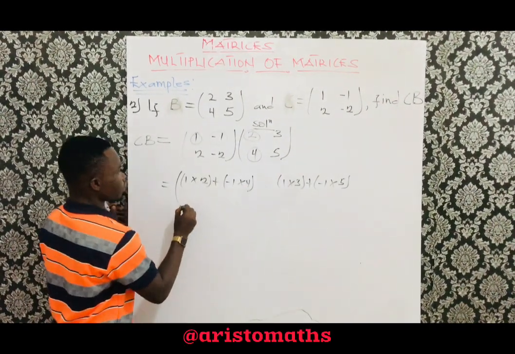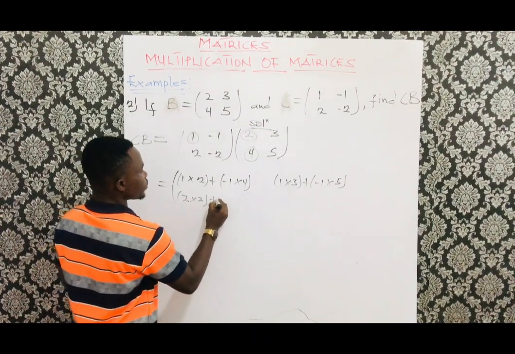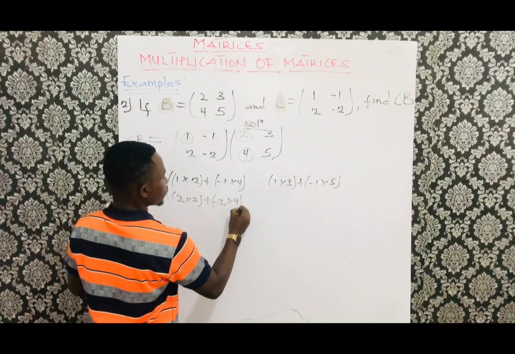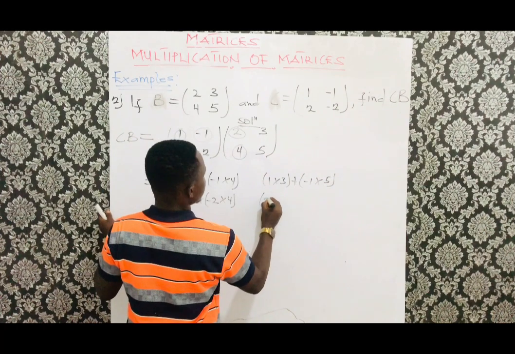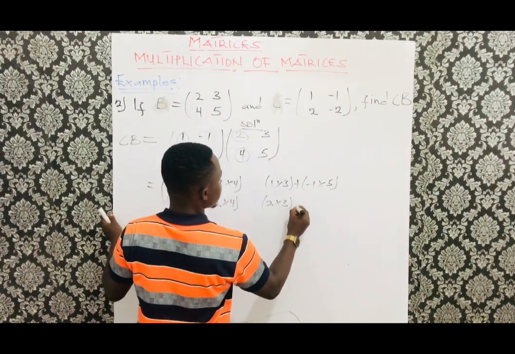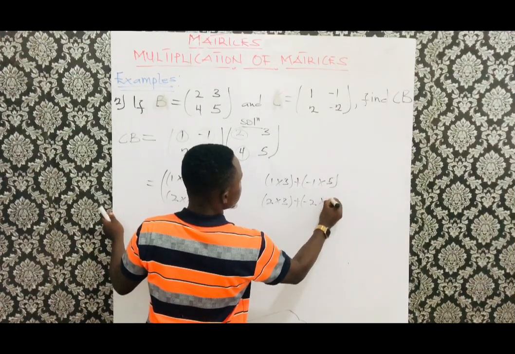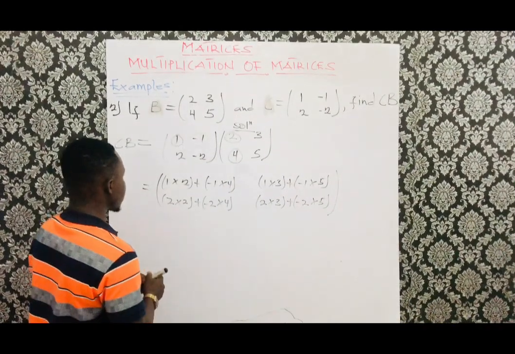When it comes to the down entries, we have 2 times 2 plus negative 2 times 4. Here too we have 2 times 3 plus negative 2 times 5. So from here you do your multiplication first.